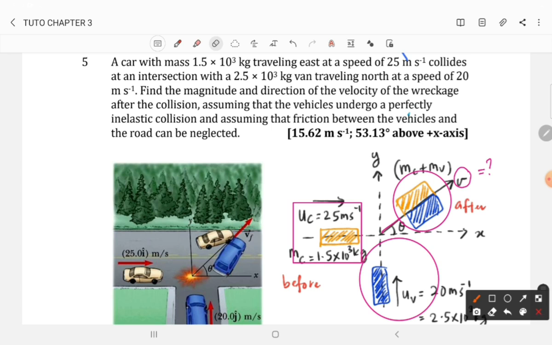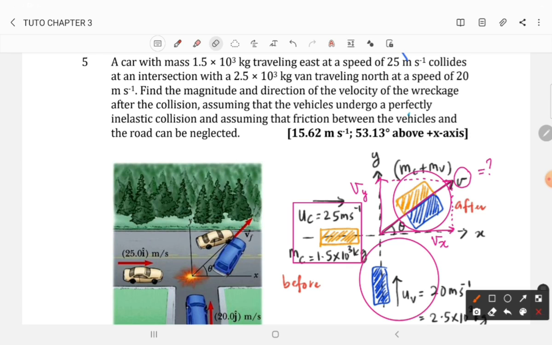And according to this diagram, the vector v is actually lies in between x and y component. When you resolve this vector v to x component, this one is our vx. When you resolve this vector v to y component, this one is our vy.